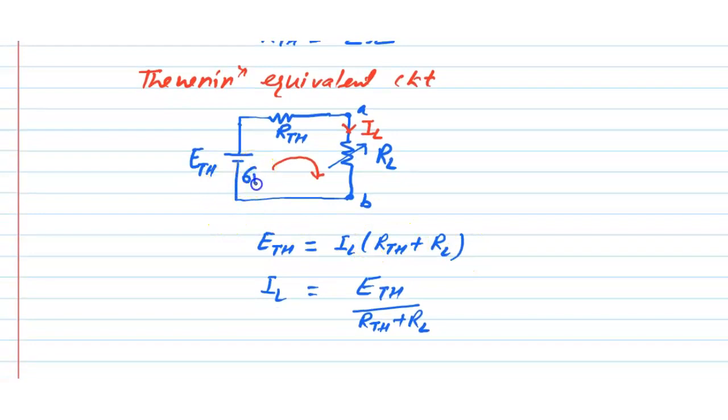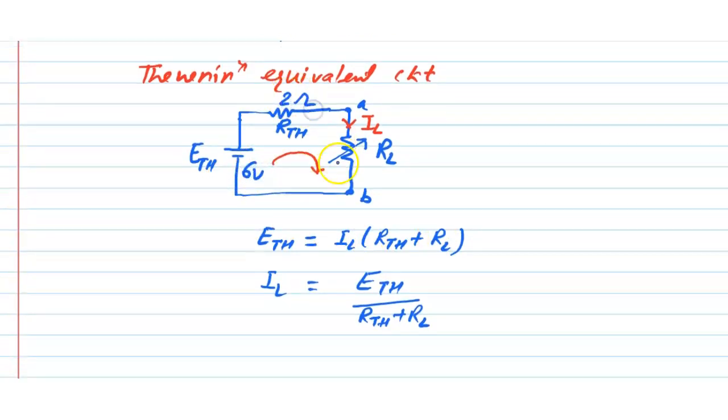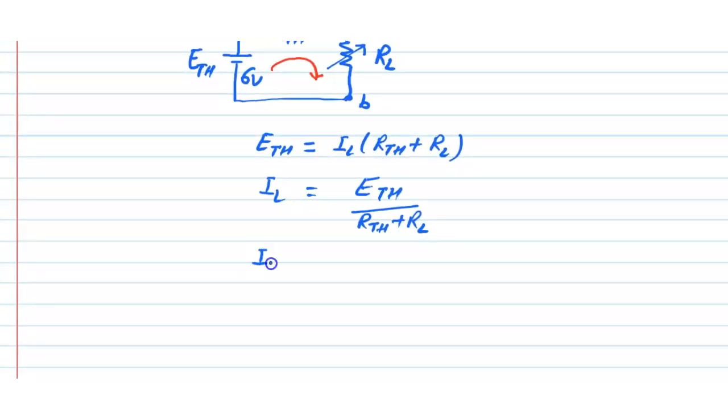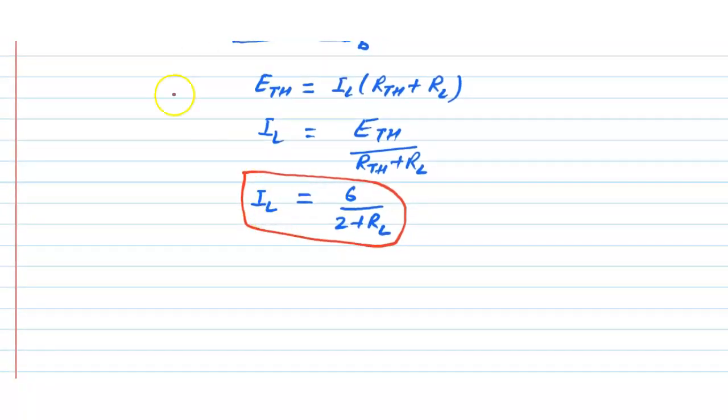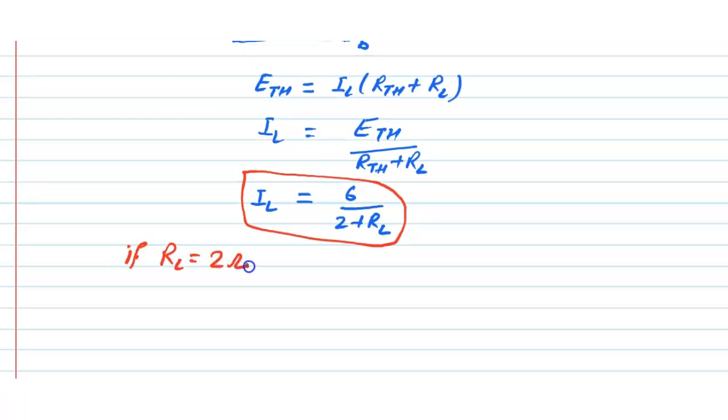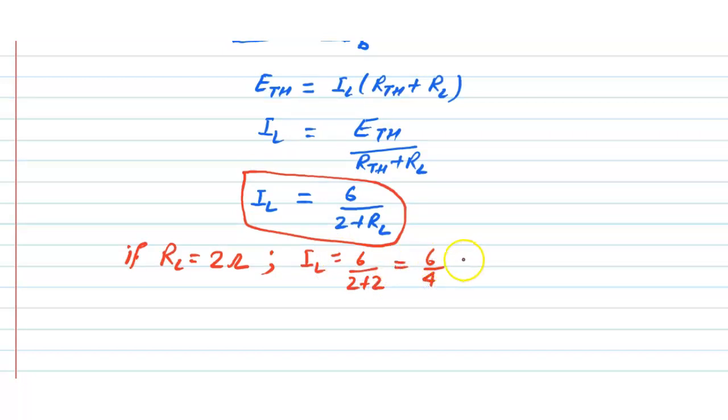So IL is 6 divided by 2 plus RL. Now for different values of RL, calculate IL. If RL is equal to 2 ohm, IL will be 6 by 2 plus 2, that is 6 by 4 or 3 by 2 ampere.